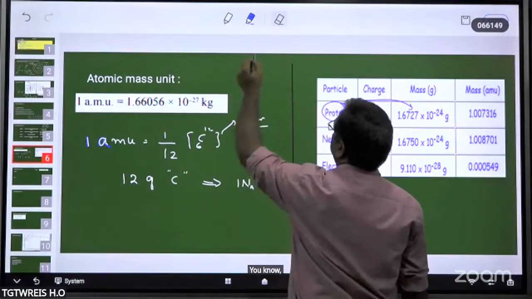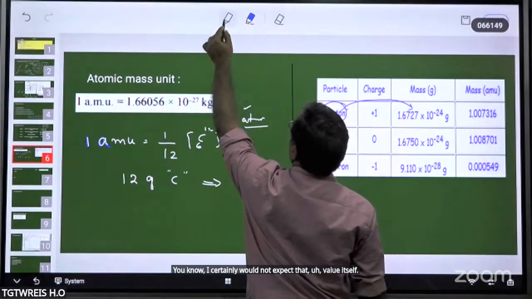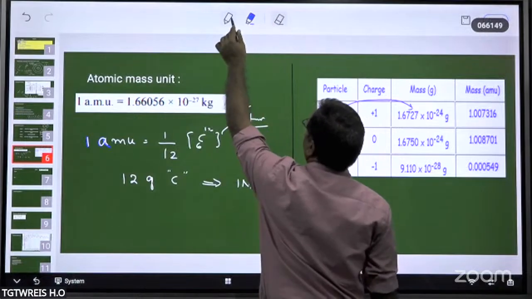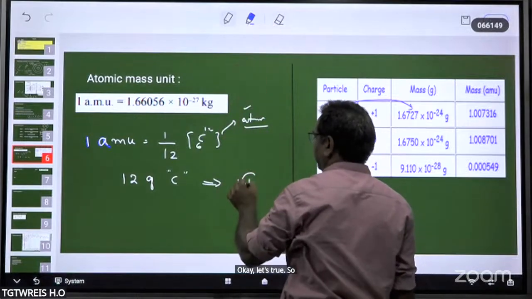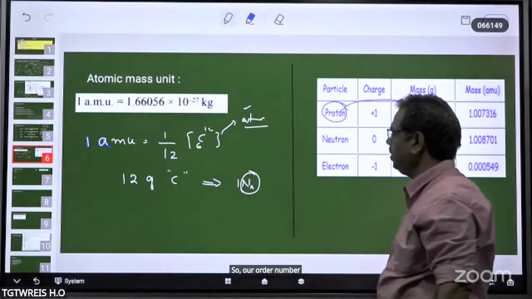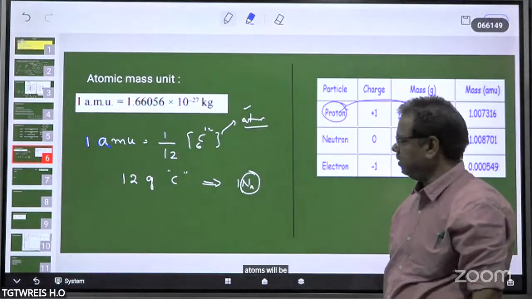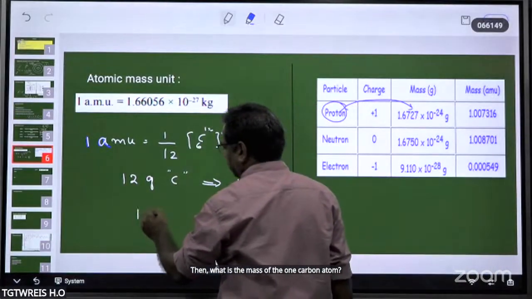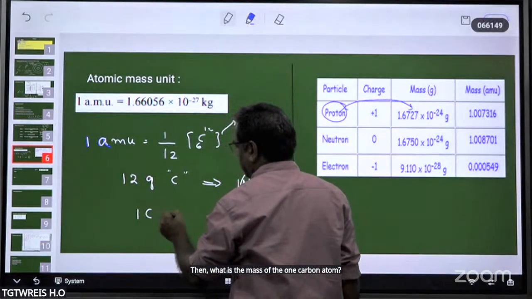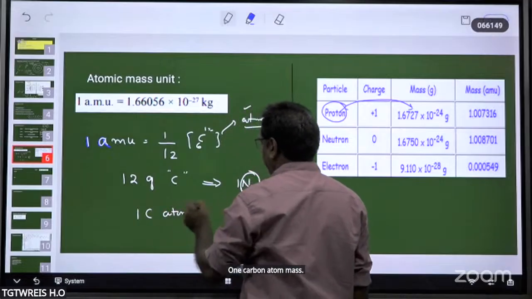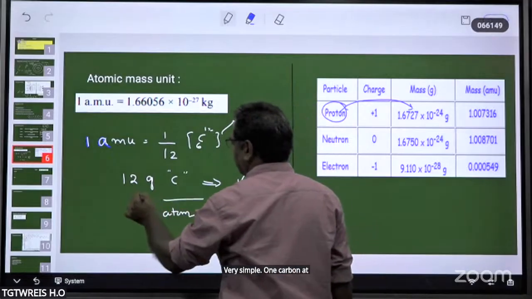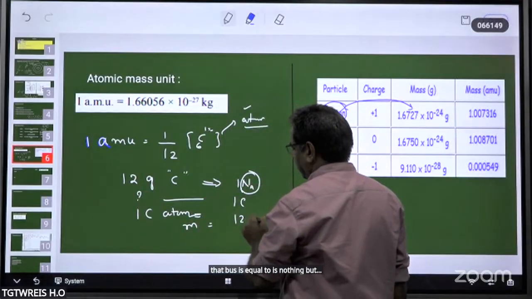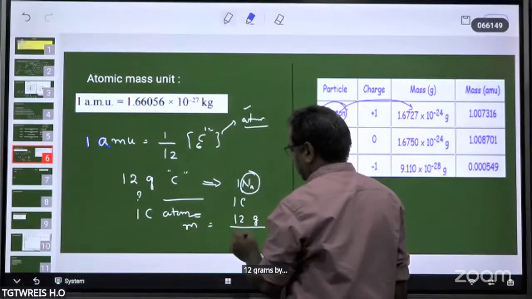So that many atoms will be present. Then what is the mass of one carbon atom? Very simple. One carbon atom mass is nothing but 12 grams by Avogadro number.